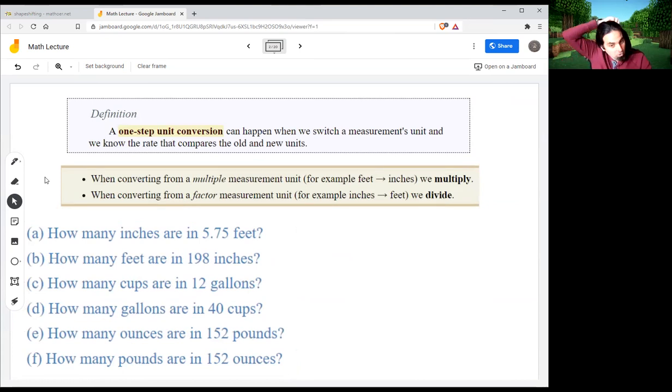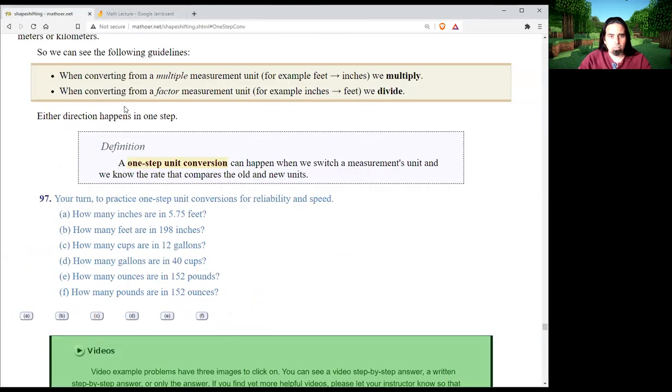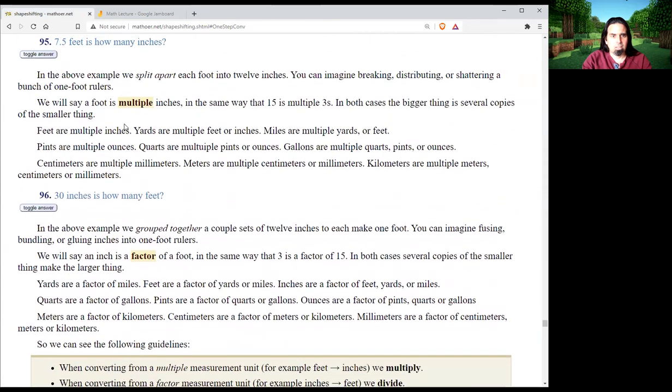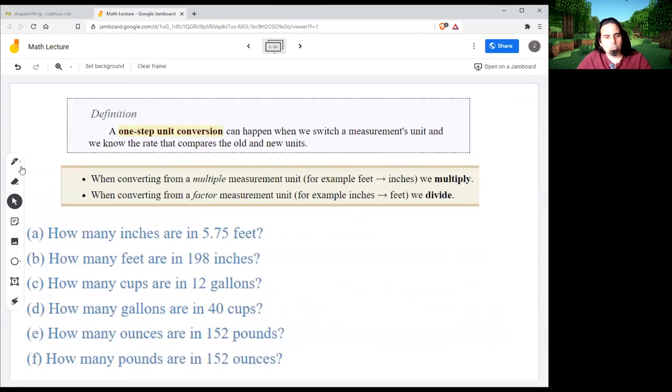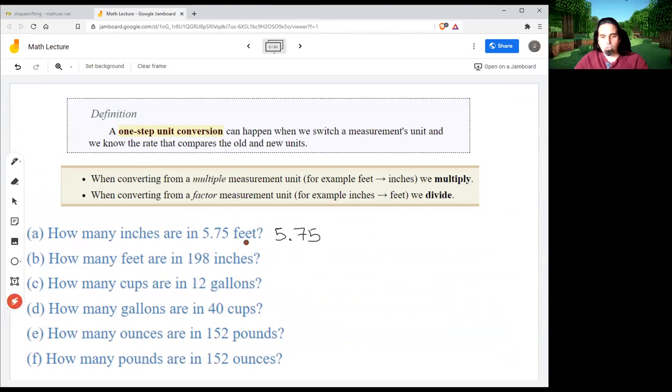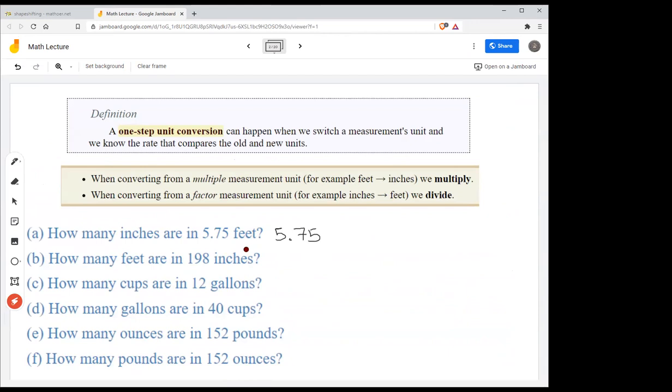How many inches are in 5.75 feet? Did we just do that one? No, there's 7.5. Just looks kind of similar. Okay, so I'll take my 5.75. Am I multiplying or am I dividing? Divide. No, I'm starting with feet. Multiple.